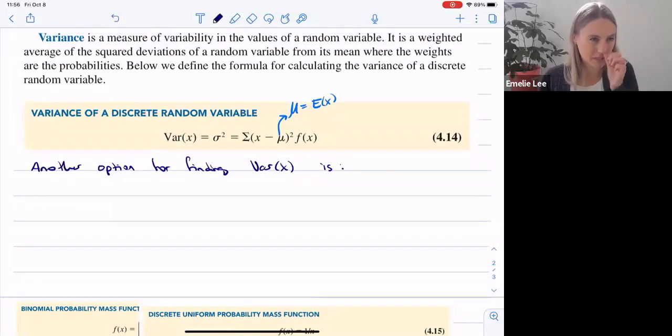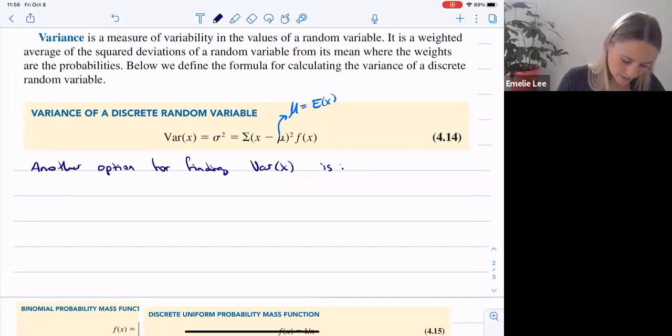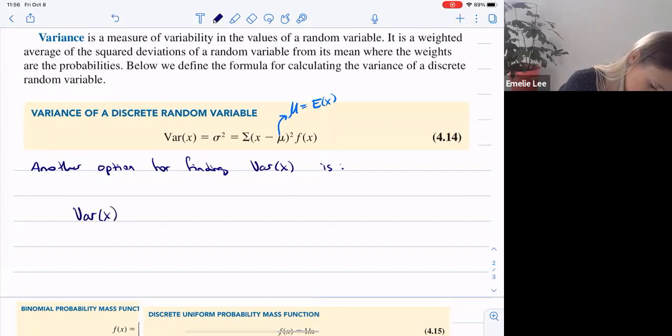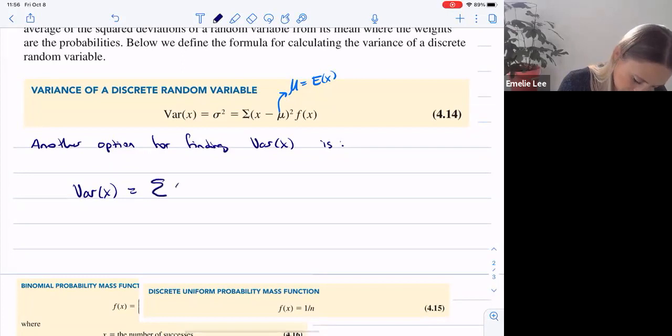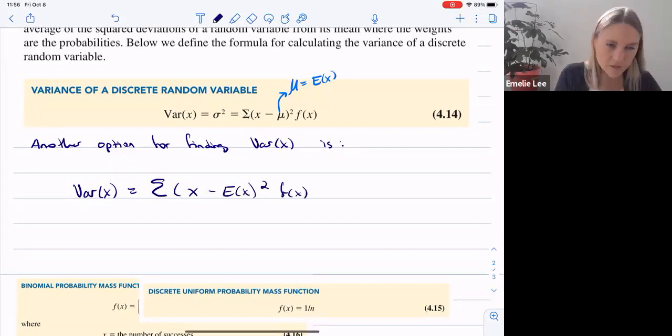Parking lot it for a little bit. Okay, so the variance of x is the sum of your x minus E of x squared times f of x. This looks the same. Oh, I'm missing a bracket here. There.